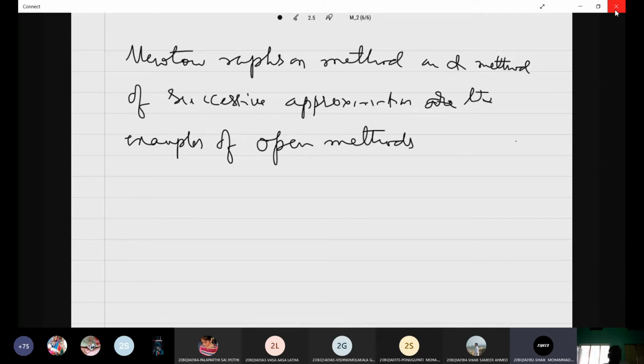These are the small introduction related to the algebraic equations and the transcendental equations.